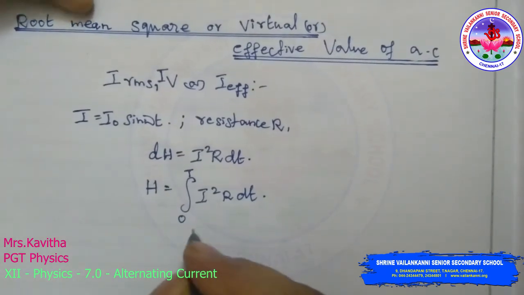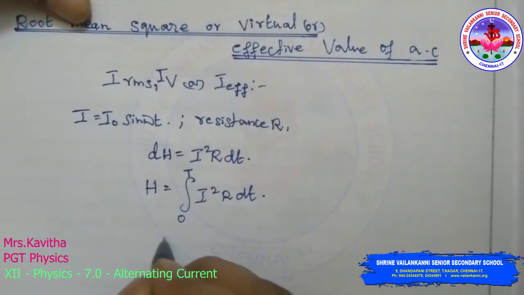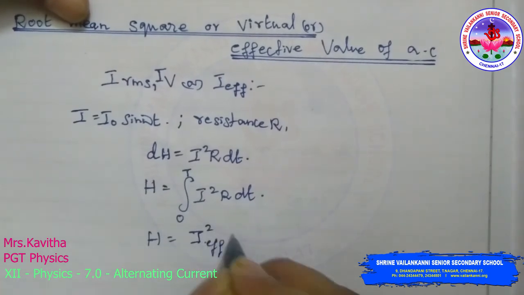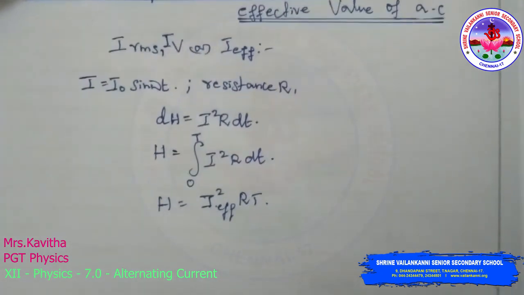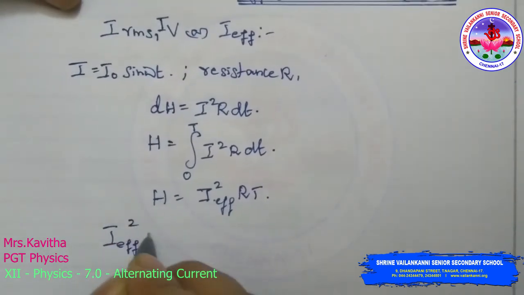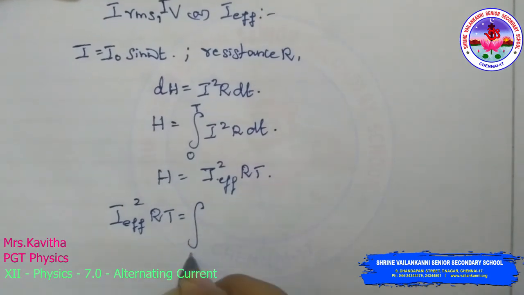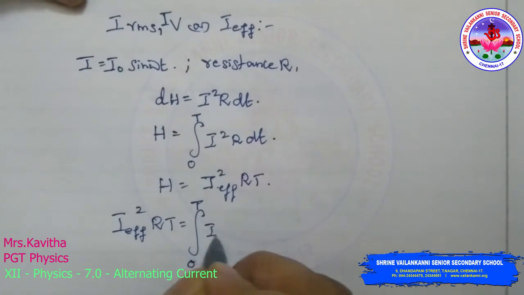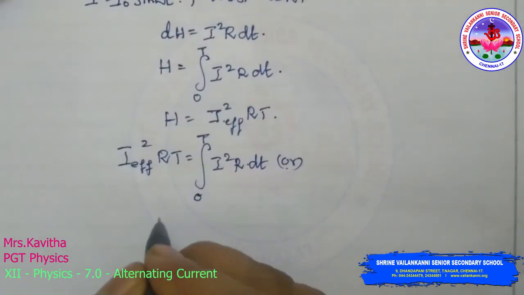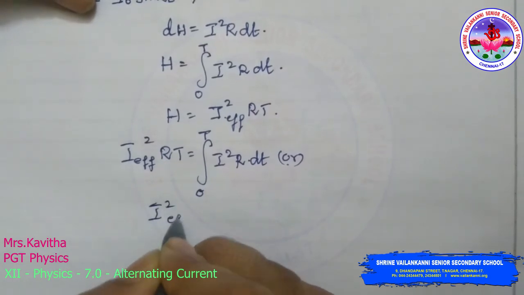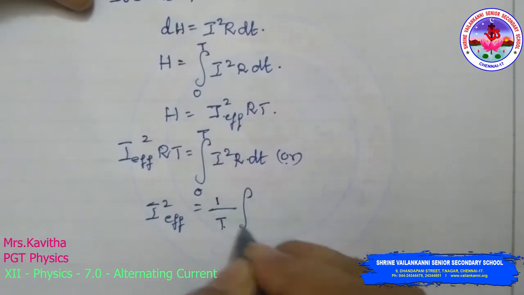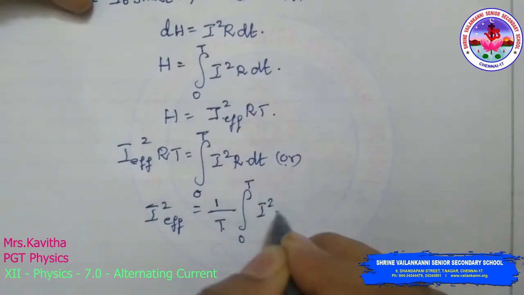Let I effective be the effective value. Then the heat produced in the whole cycle time T is H equal to I effective square R T. So I effective square R T is equal to the integration from 0 to T of I square R dt, or we can write I effective square equal to 1 by T times the integration from 0 to T of I square dt.